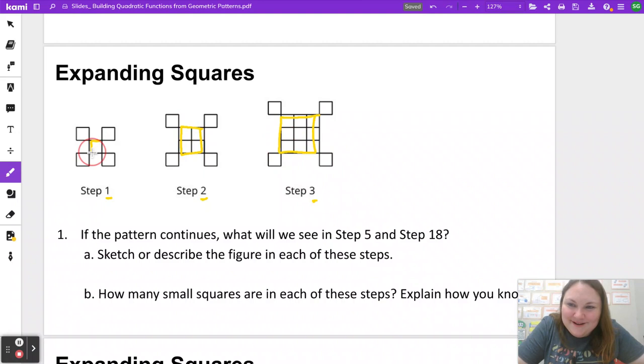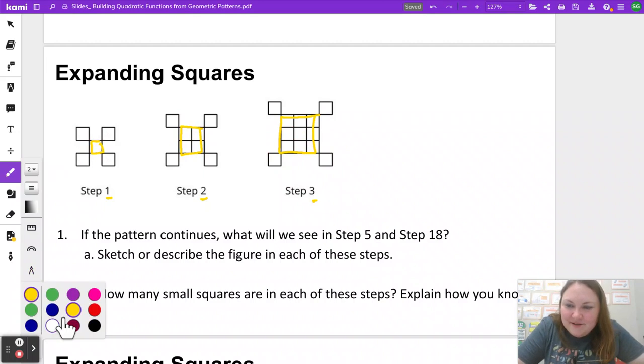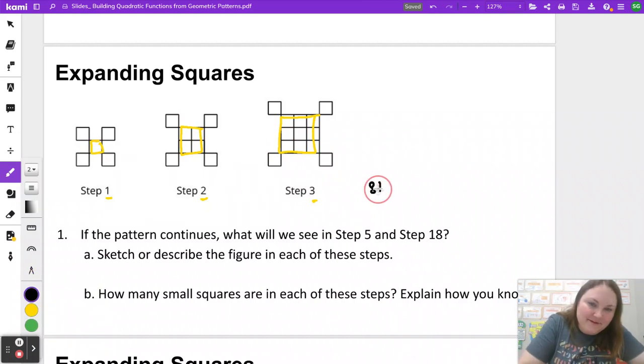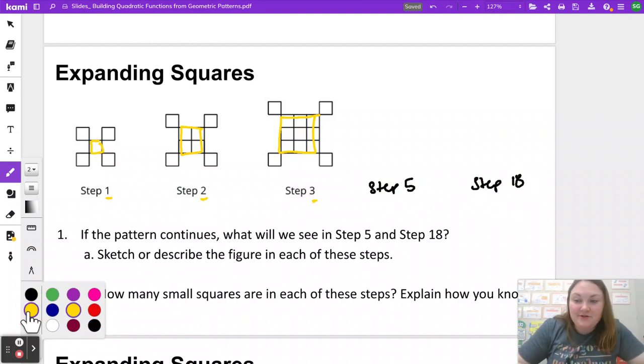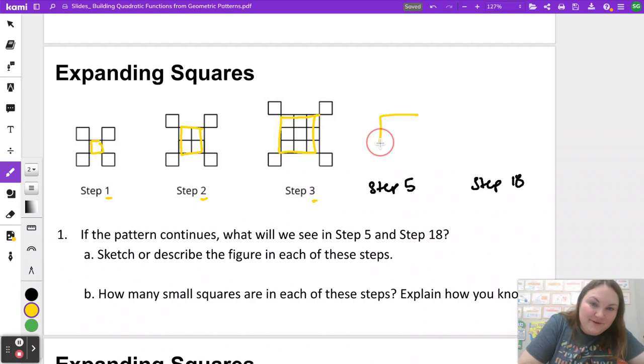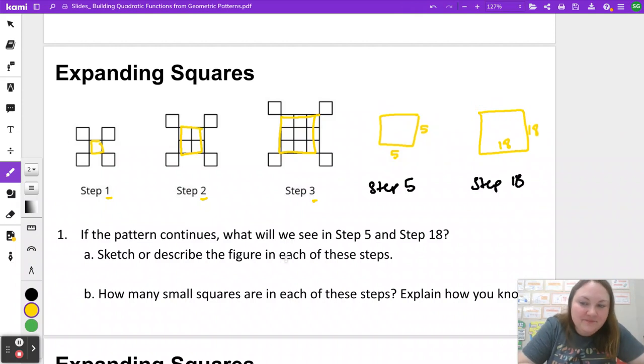Step 1, I've got a 1 by 1 square. And so when we go to predict what step 5 and step 18 would look like, that pattern would continue, where step 5 would have a 5 by 5 square in the center, and step 18, it would be much larger than this, but it would have that 18 by 18 square in the center.